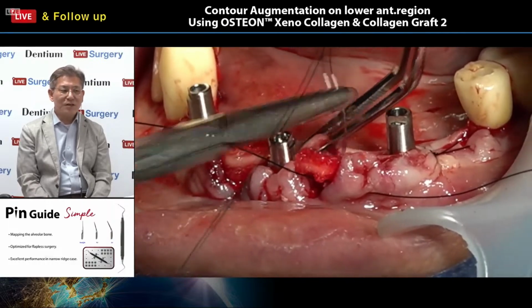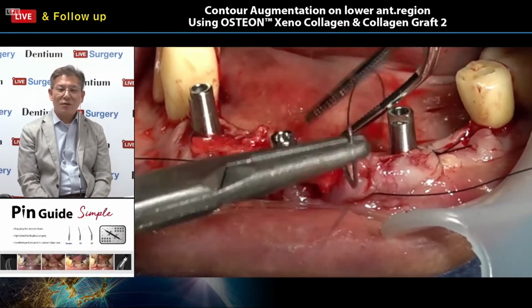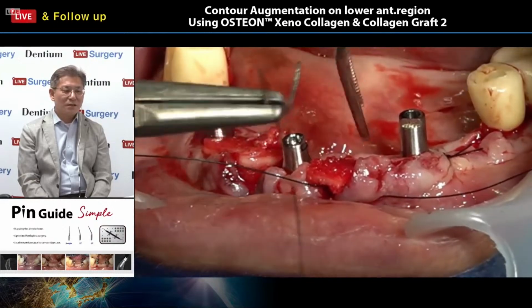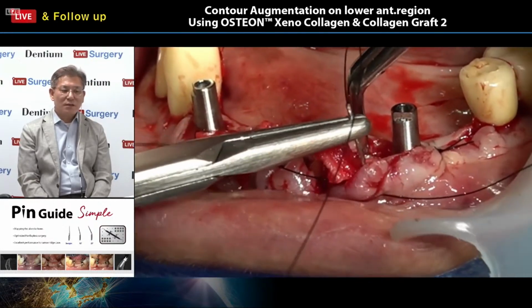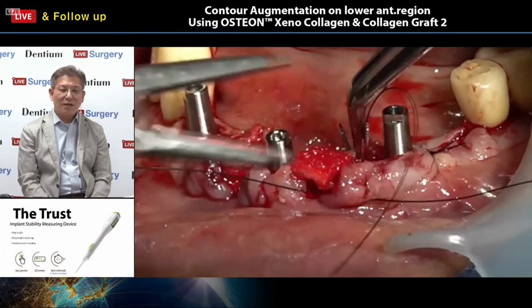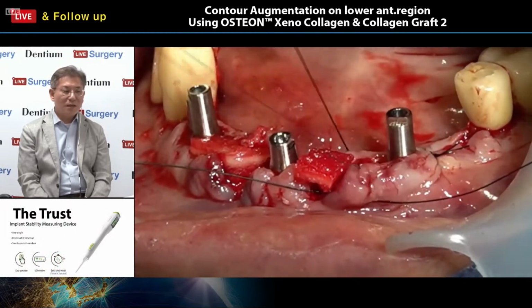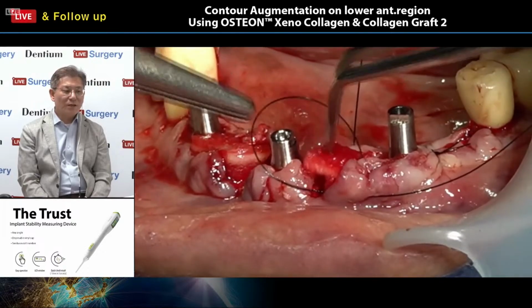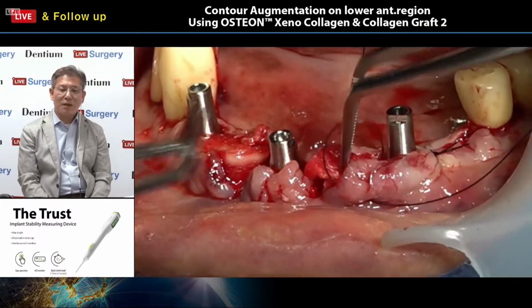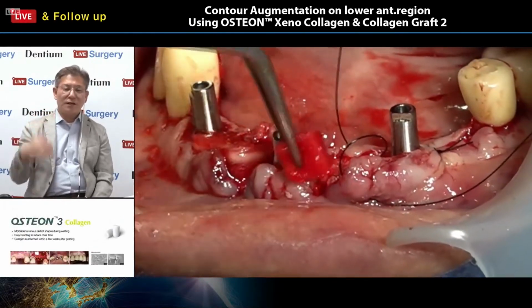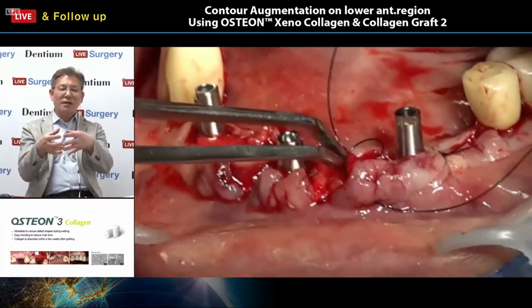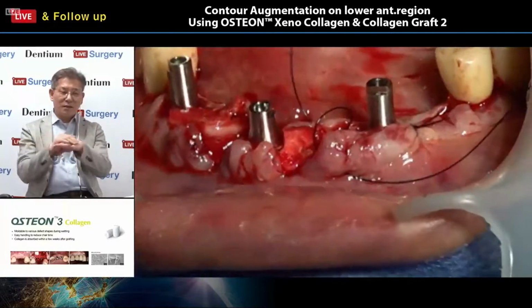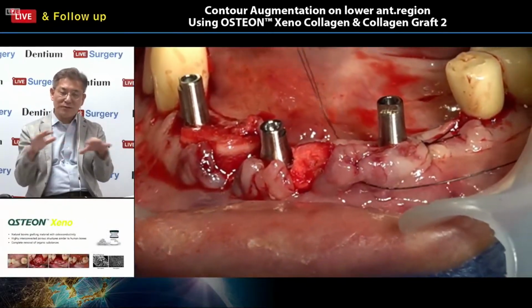For socket preservation procedures, I always like to use collagenated bone like osteogenocollagen, covered with this collagen graft on the top portion. Let's see, immediate implantation or immediate socket preservation.